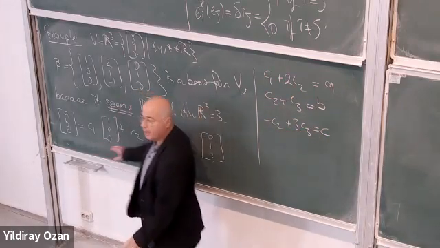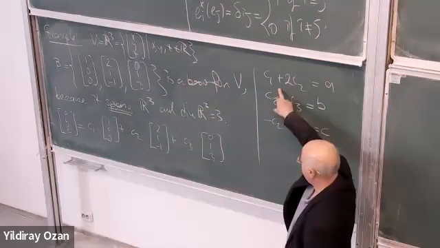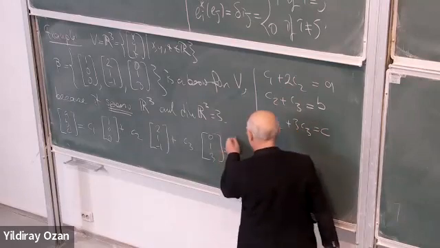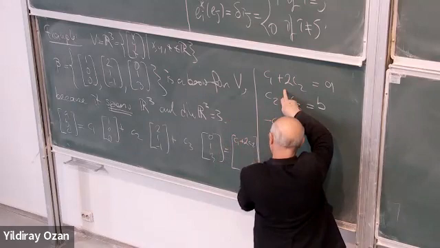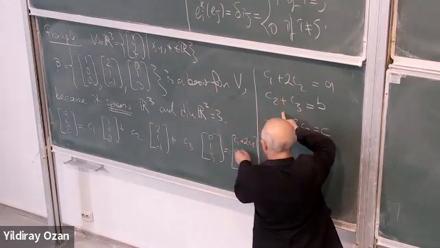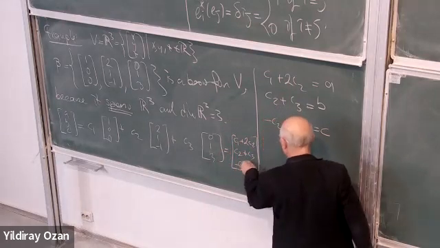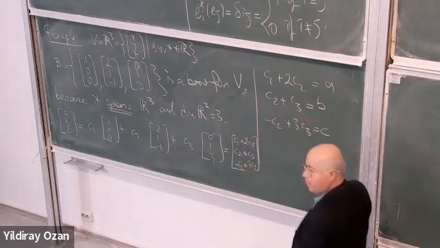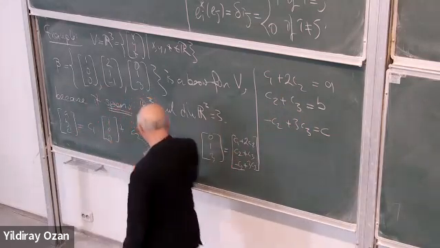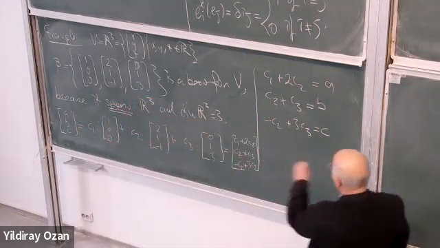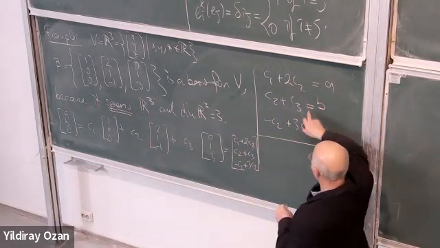Just multiply and make them up. The first coordinate is C1 plus 2C2, then C2 plus C3, and minus C2 plus 3C3. So this is A, this is B, and this is C. And from this, you can solve for C1, C2, C3.